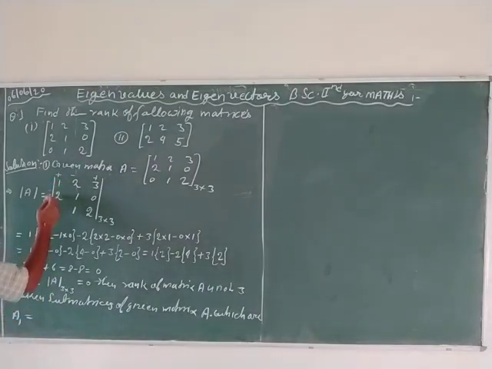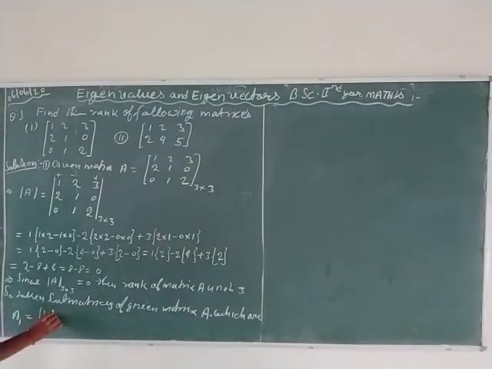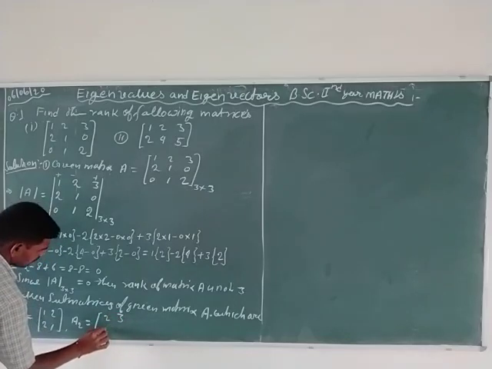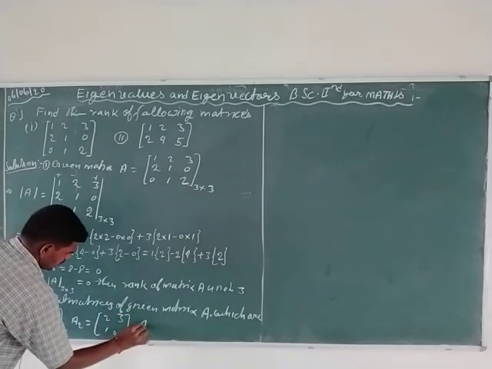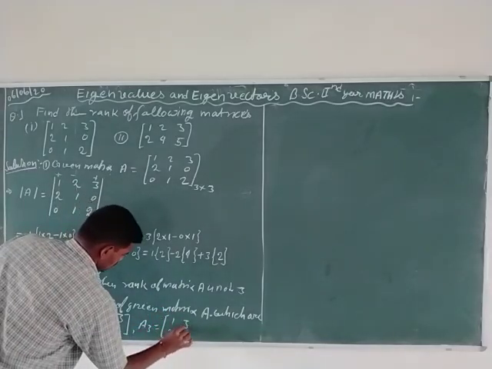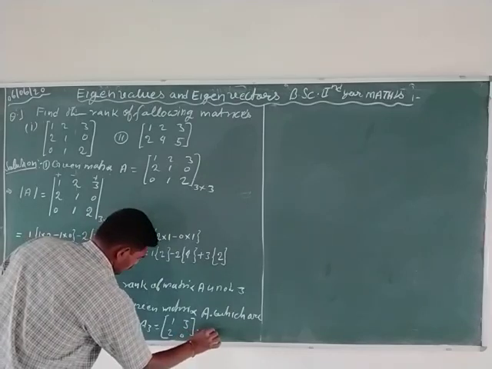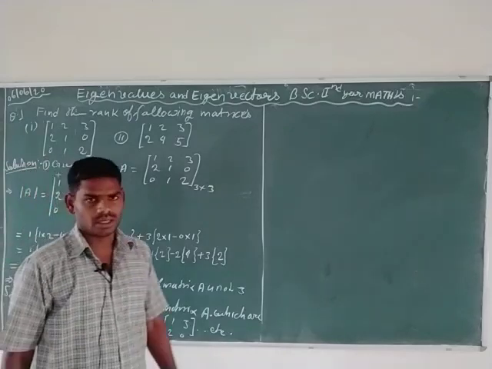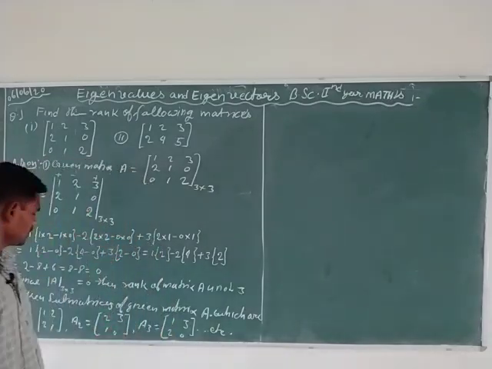So first write this submatrix, 1 2 and 2 1, then submatrix A2, 2 3 1 0, and A3 is equal to 1 2 3 0, etc. You can find some submatrices of the given matrix by this process.